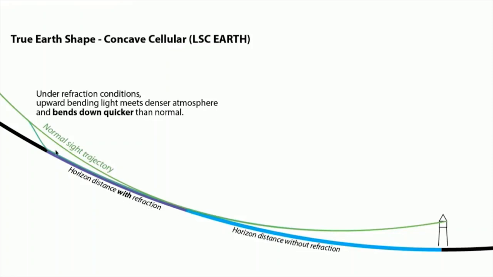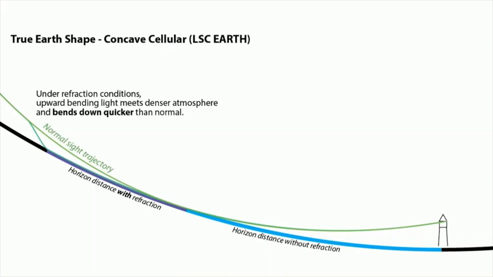But under a refractive condition, our horizon will be lengthened because our normal sight trajectory is rising up slower. So it's being lengthened before it rises up, but it always rises up to the center eventually. So that's what's happening.